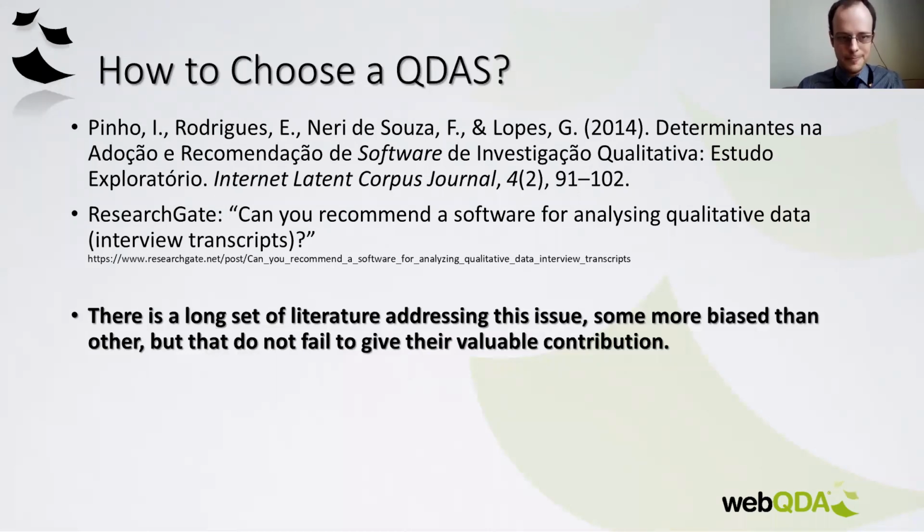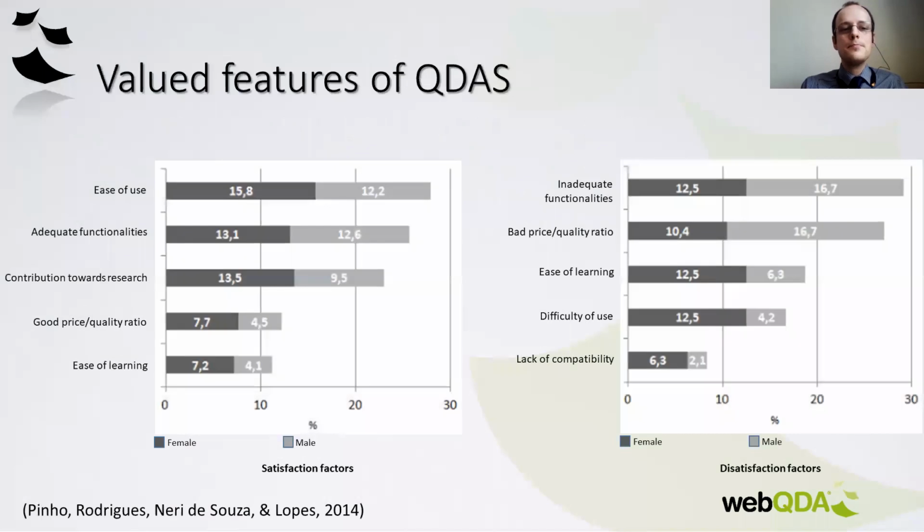What do you look for? There's a lot of literature about the idea, and often it's biased towards the company that sponsored it, right? But here's what some online people reported through ResearchGate would be some of the most valued features of a qualitative data analysis software and some of their biggest points of frustration, their dissatisfaction factors.